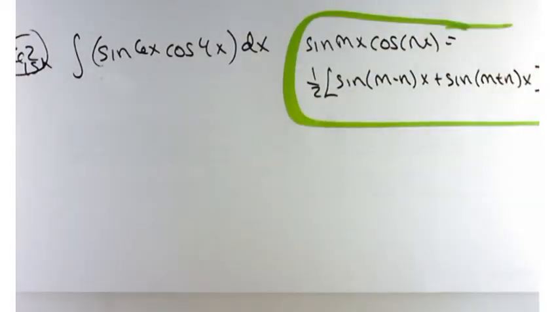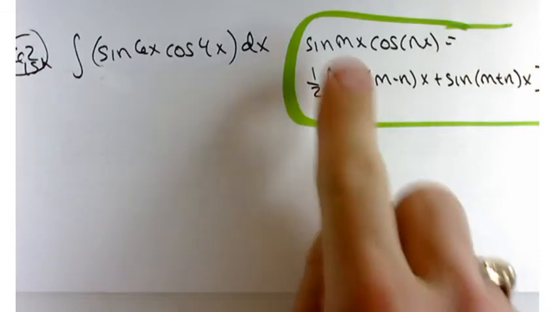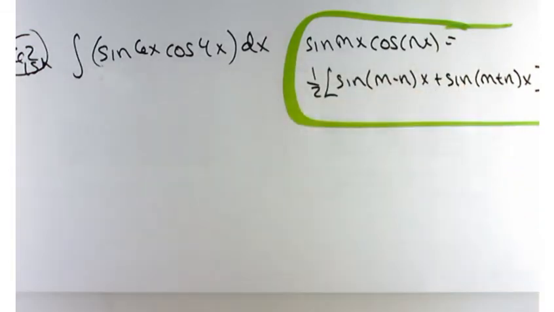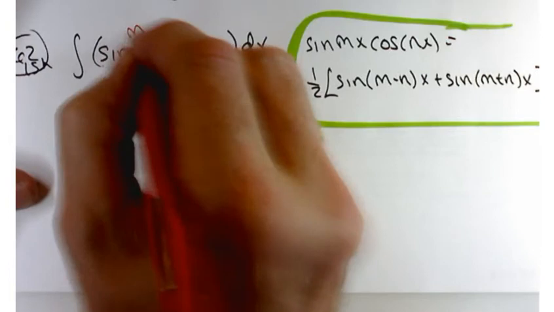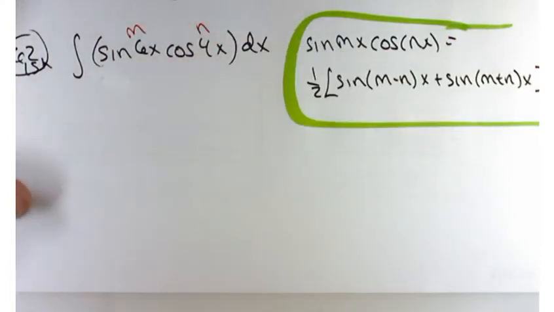The nice thing about this formula is that it turns a product into a sum, something that would be a pain to integrate into something we can integrate without much difficulty. Keep in mind that this is your m and this is your n.